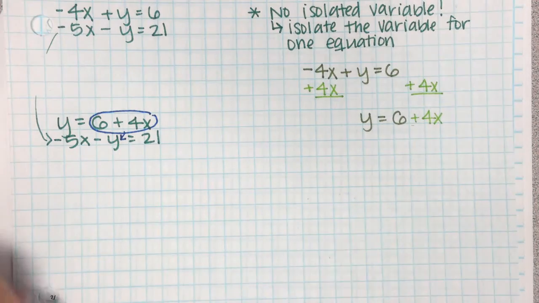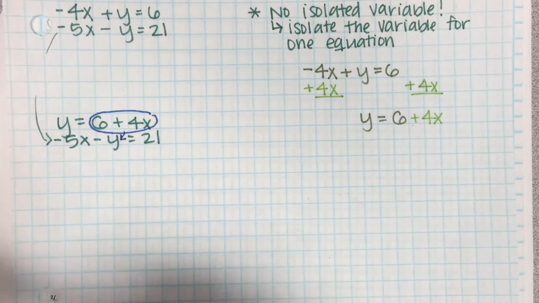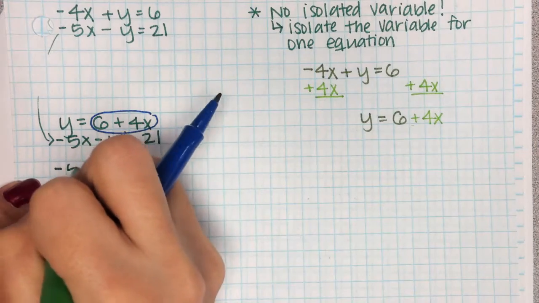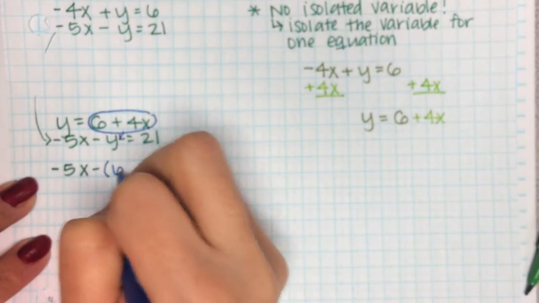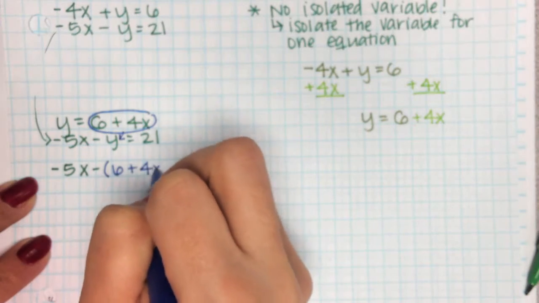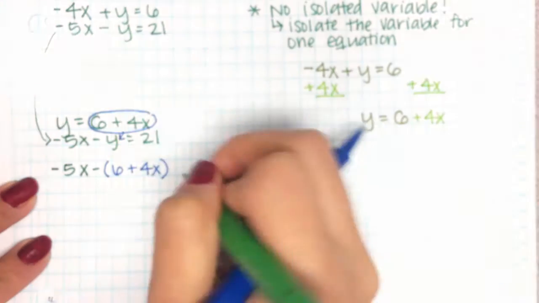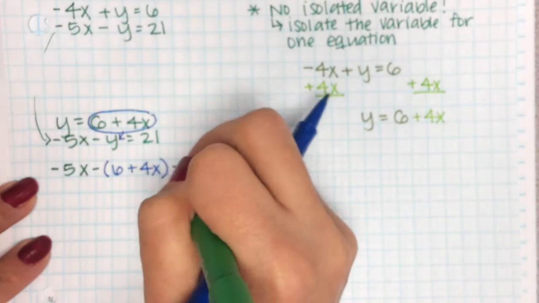So it's going to go in there. So now the equation is going to look like negative 5x minus 6 plus 4x equals 21.